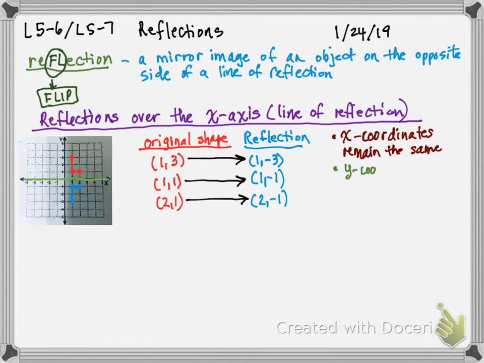So y-coordinates are the opposite of the original y-coordinates. So opposite means same number, different sign. Okay. So that's a pattern that's always going to be true when we reflect over the x-axis.